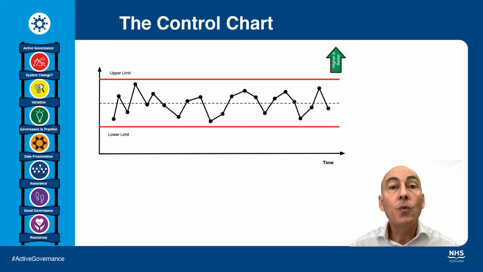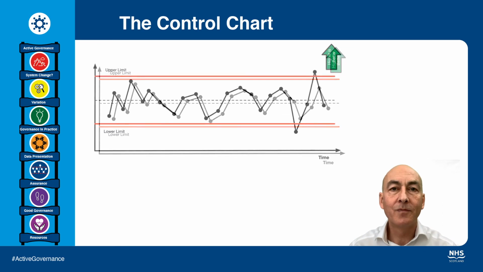And therefore, we can act appropriately because we know it's worthwhile going to look and find out what caused that change. In this particular example, there is no point outside the limits. So this is only common cause variation. This process or system is stable and predictable. So what's happening now, we can predict will happen in the short to medium term.